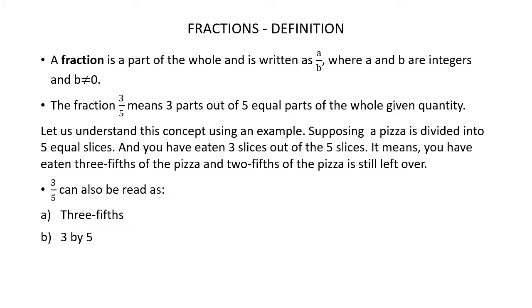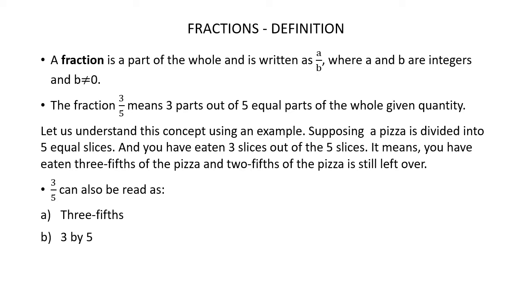Let's understand this concept further using an example. Supposing a pizza is divided into 5 equal slices and you have eaten 3 slices out of the 5 slices. It means you have eaten 3/5 of the pizza and 2/5 of the pizza is still left over.